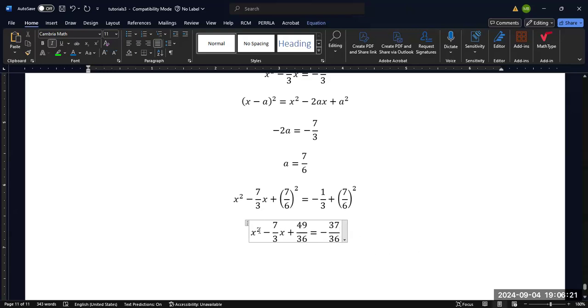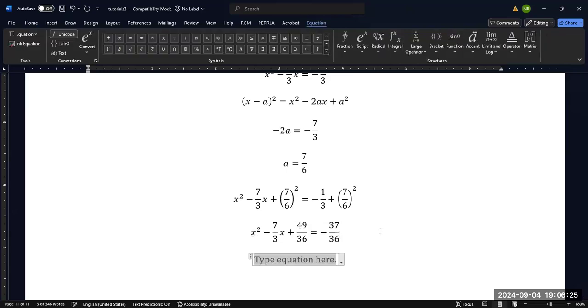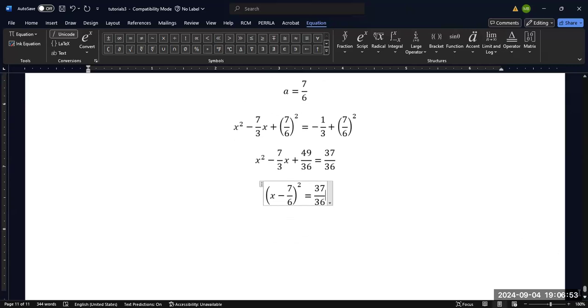Now, again, the reason that we completed this square is so that we can rewrite the left side of the equation as x minus a. But our a was 7 over 6, squared is equal to, oh, sorry, it's not negative, is equal to 37 over 36. So now I have a perfect square on one side and I have some other number on the other side. I'm going to take the square root of both sides.